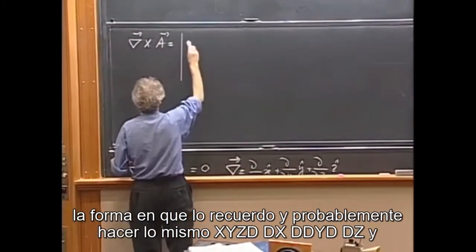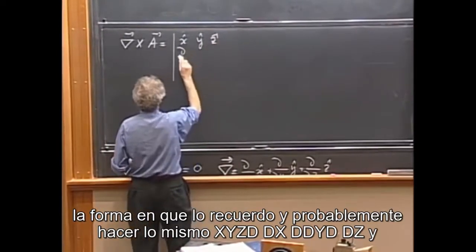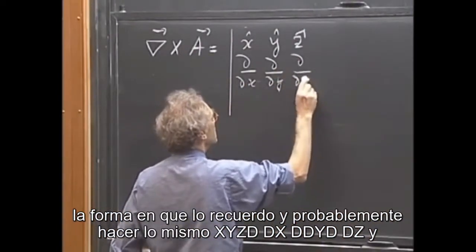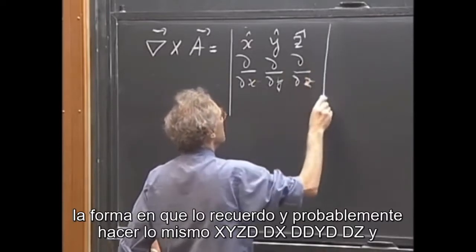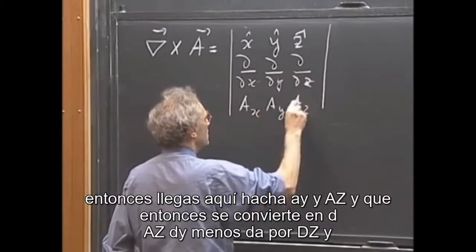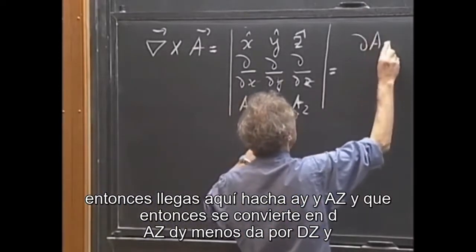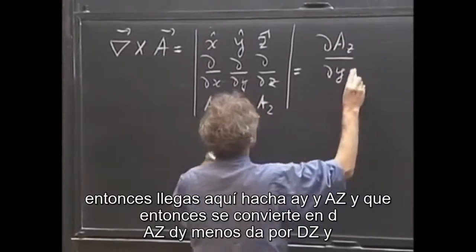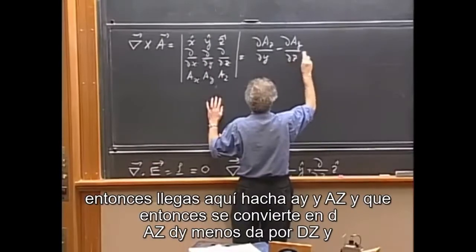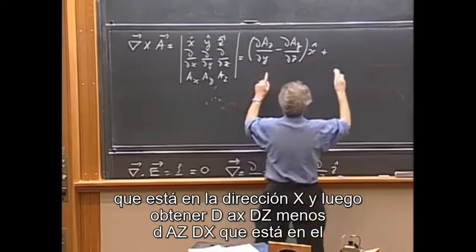The way I remember it, and you probably do the same: x, y, z, d/dx, d/dy, d/dz, and then you get here Ax, Ay, Az, and that then becomes dAz/dy minus dAy/dz, and that is in the x direction.